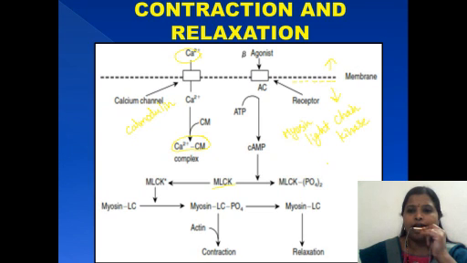We know that along with calcium, actin and myosin are very much required for the contraction. The main constitution of myosin is heavy chains as well as light chains. Each myosin unit has two heavy chains, and each heavy chain is paired with two light chains.